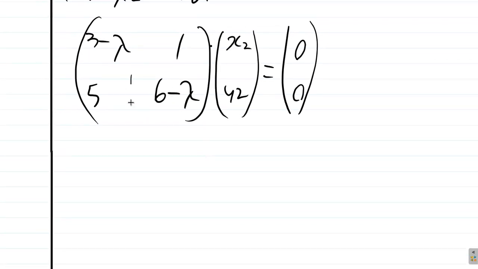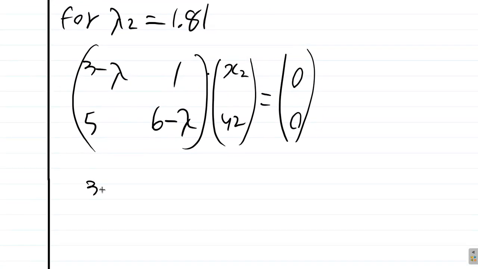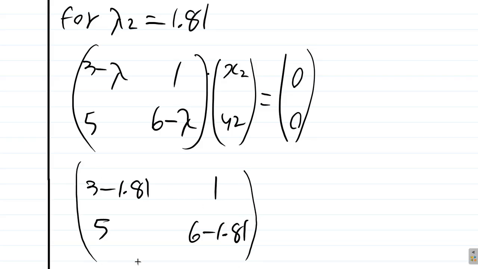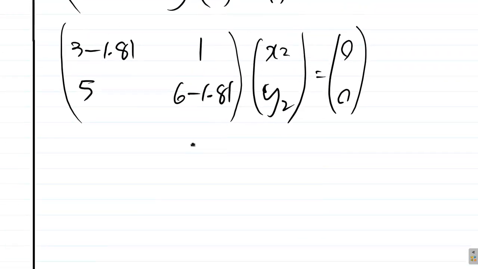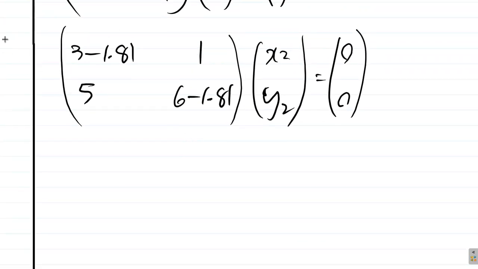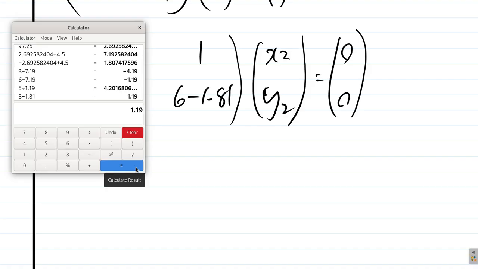Now, remember our lambda is 1.81, so we have 3 minus 1.81, 1, 5, 6 minus 1.81, times (x2, y2) equals (0, 0). What is 3 minus 1.81? It's 1.19.